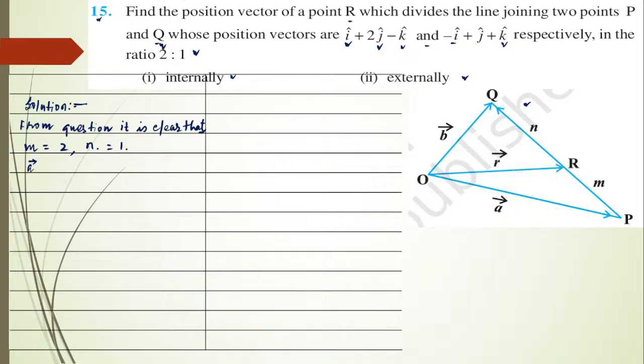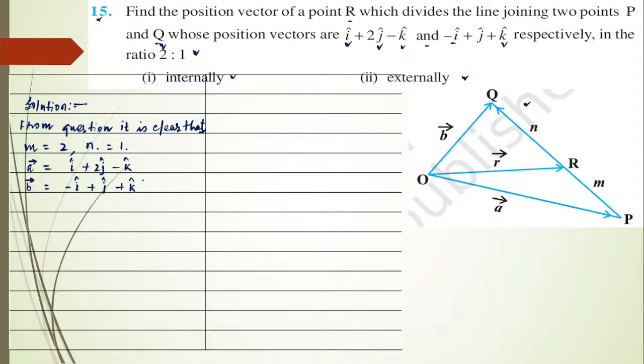vector a equals i plus 2j minus k and vector b equals minus i plus j plus k.